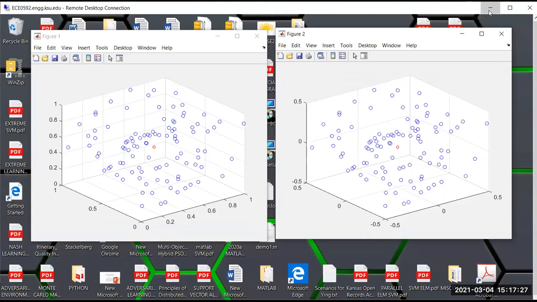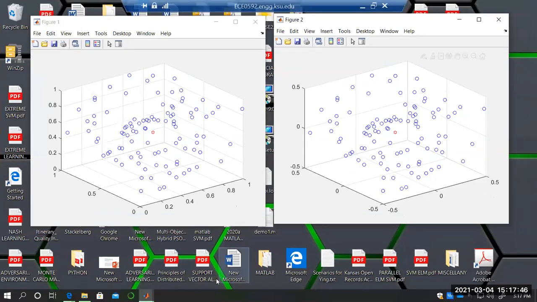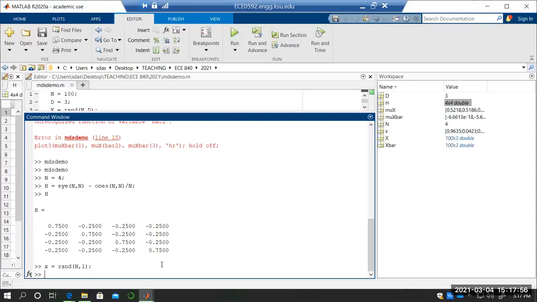Okay, so what I'll do now is, it's a little cumbersome to navigate when I have all these. Okay, this one.